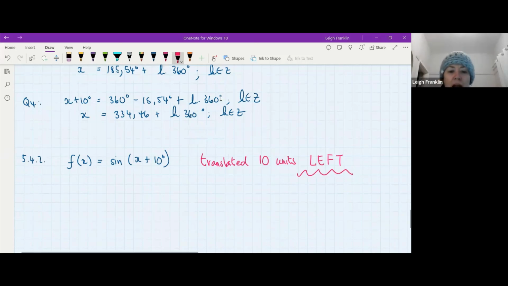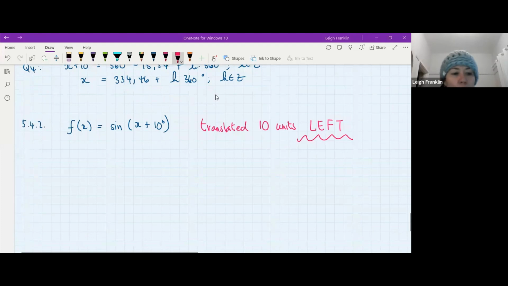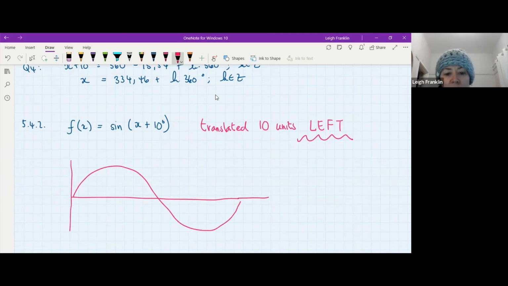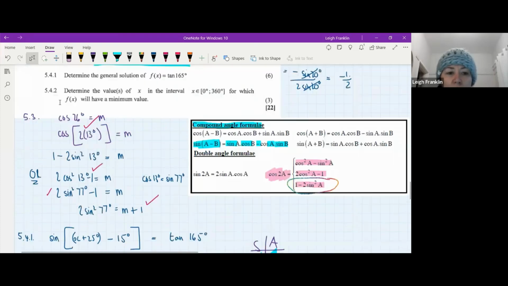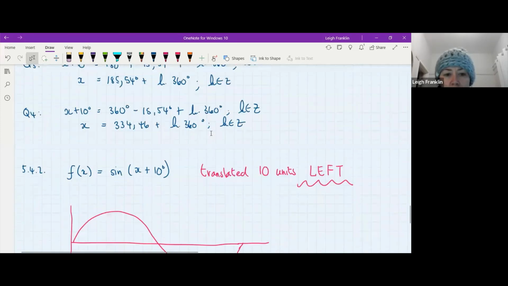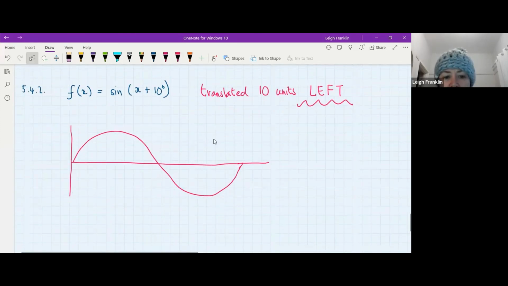So now, if we think about our normal sine graph between 0 and 360, they wanted to know the minimum value. We would normally have a minimum at 270, isn't it?